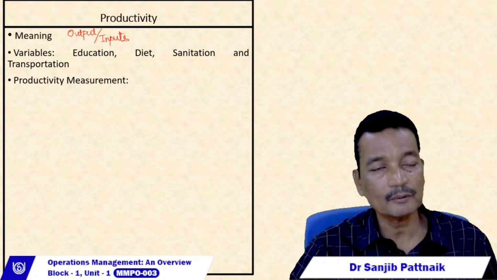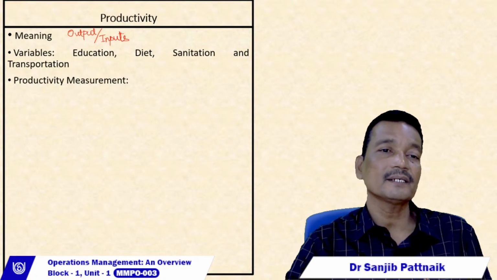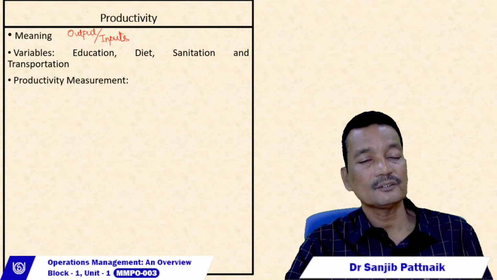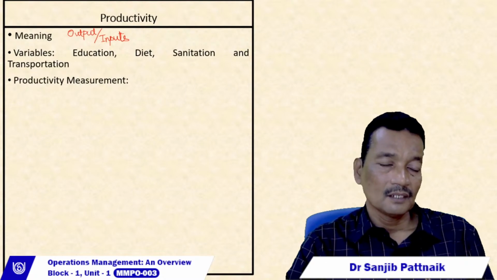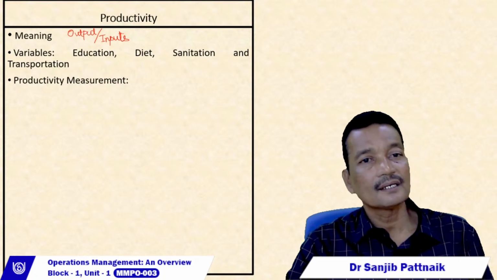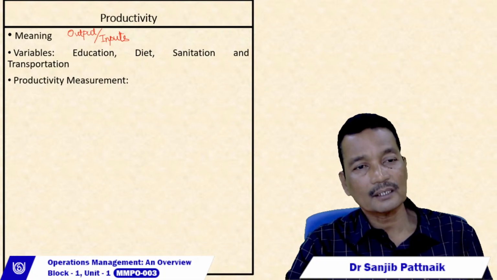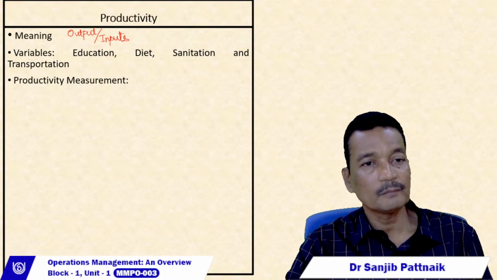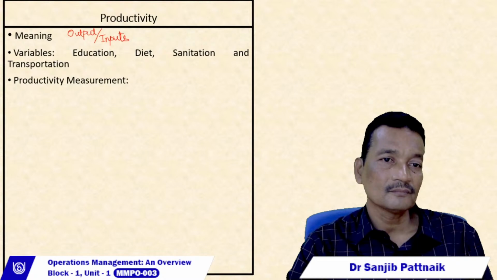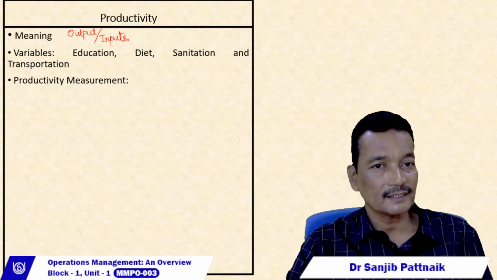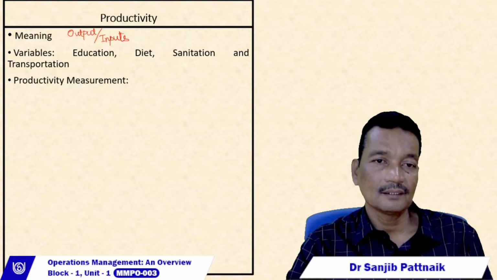What are the variables that affect productivity? One is education. An educated and technically skilled worker may have better ideas, and will be able to produce the goods and services in a better way, etc.